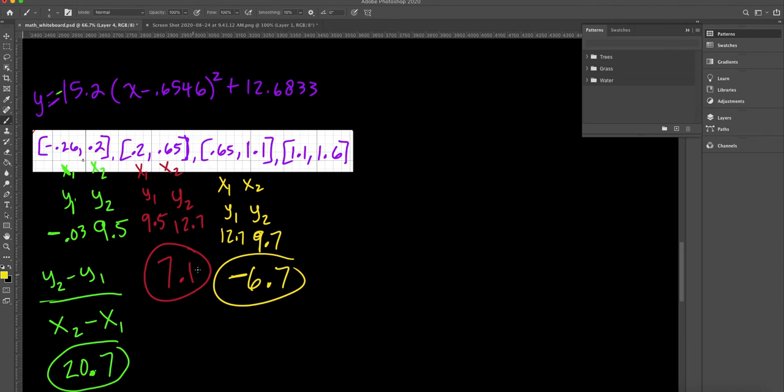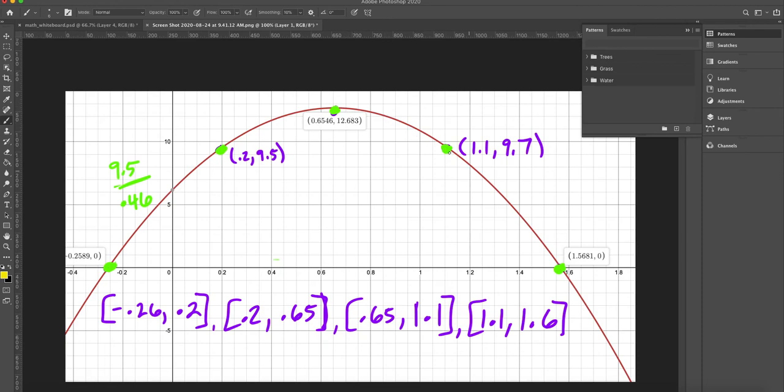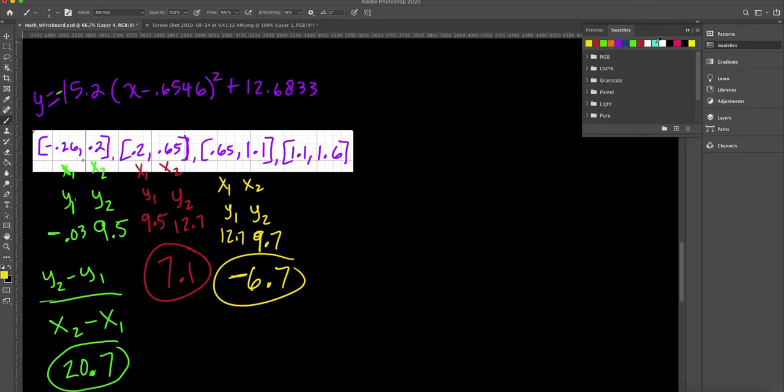We were expecting it to be close but negative, and that's what we got. Now the next one we're expecting to be close to 20.7 but negative, because if we look at the graph, this slope should be the same as this slope. It's just one's negative and one's positive. So let's see what happens with that one.